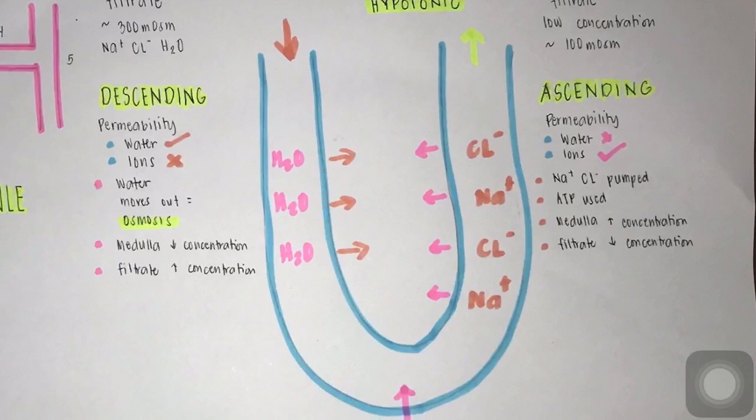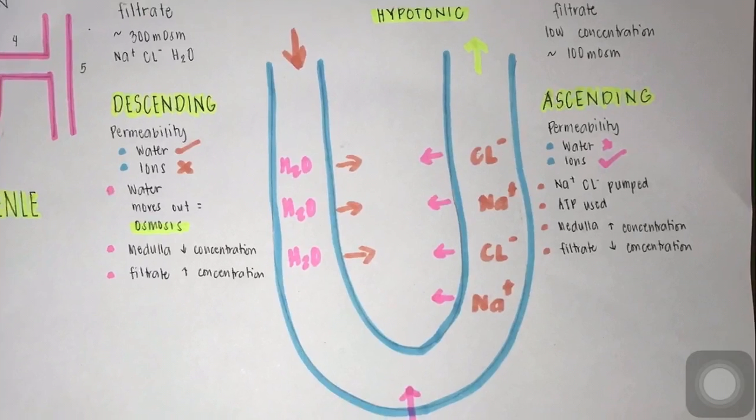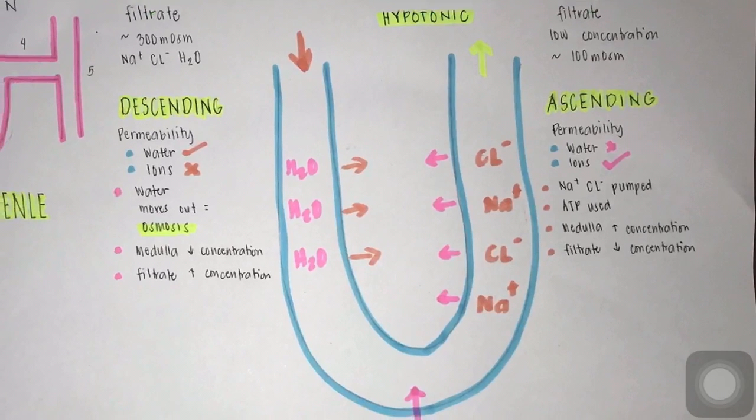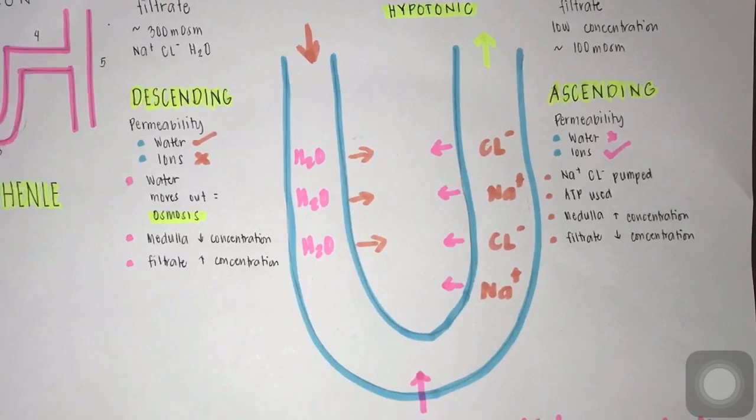So when we first look at the proximal convoluted tubule, we had 180 liters coming in from the glomerular filter. This is again a section where quite a lot of the components in the filtrate are absorbed back into the body. So the concentration does change, but also the volume of filtrate will change as we go to this section here.